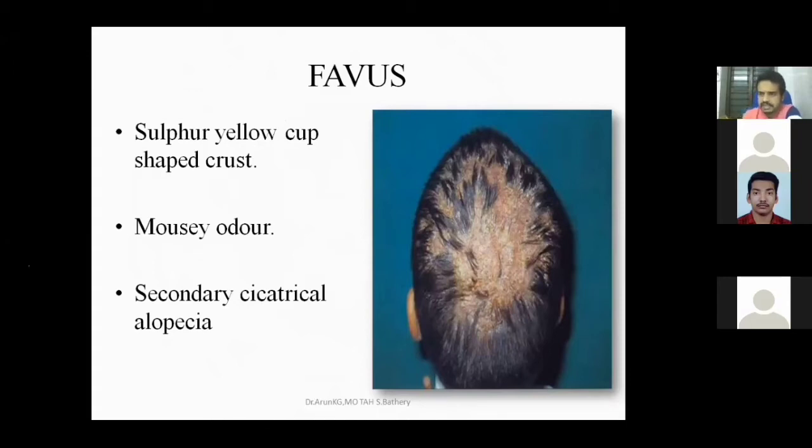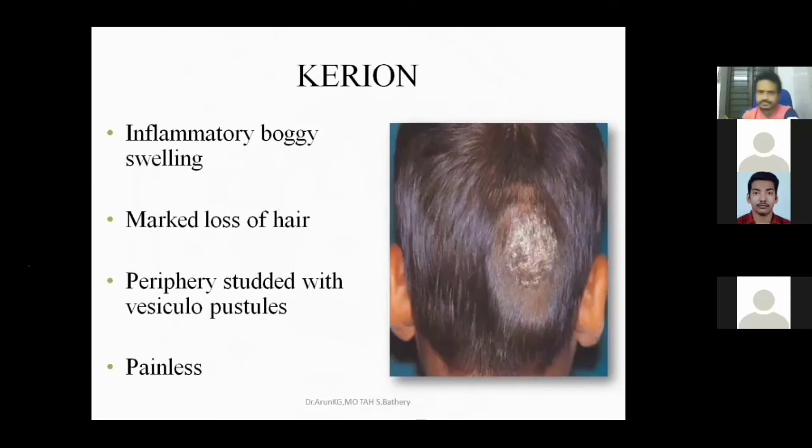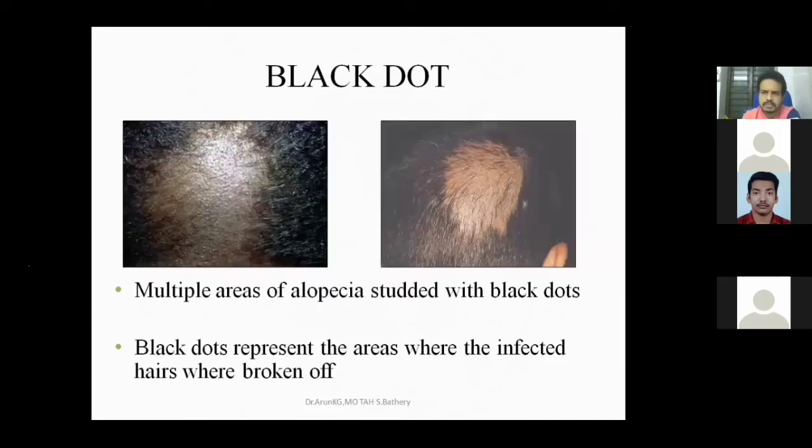The hair shaft will be lost, and the hair root will be remaining as some small papules. Then Kerion is there. There will be some inflammatory, boggy swelling and marked loss of hair. That swelling will be painless. Then black dot is more in negroids. The black dots represent the hair root portion.